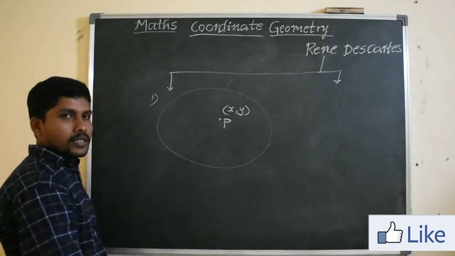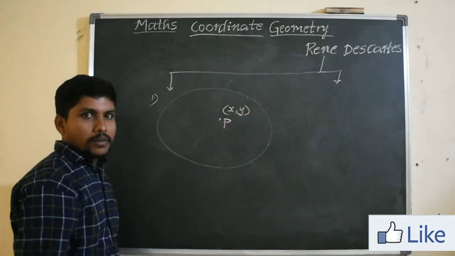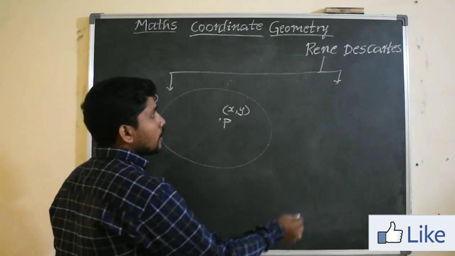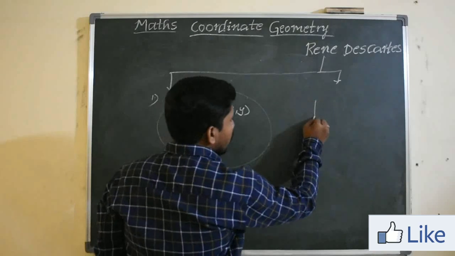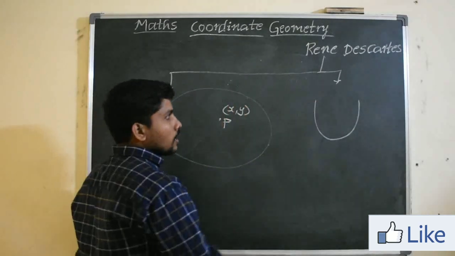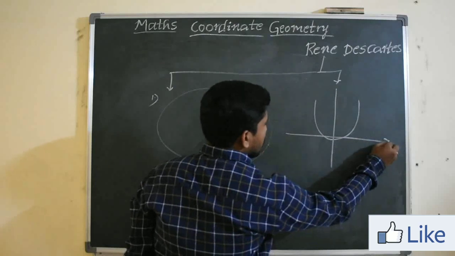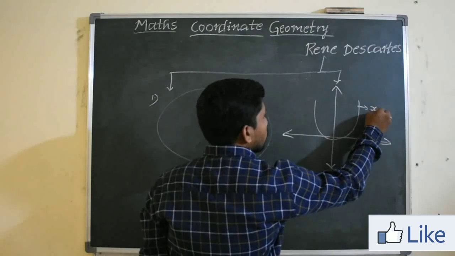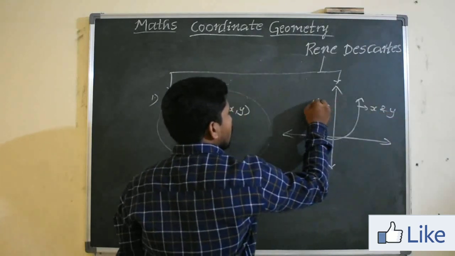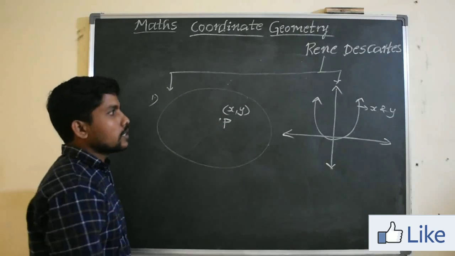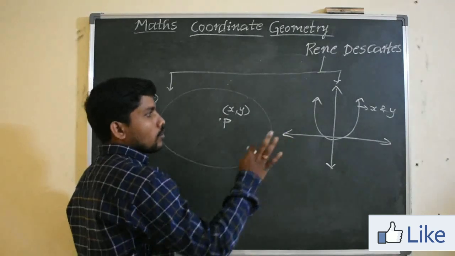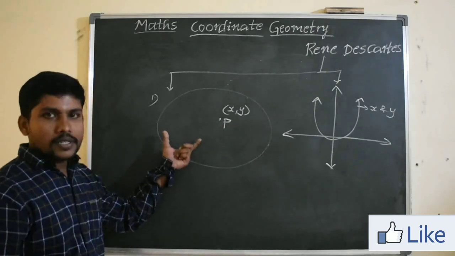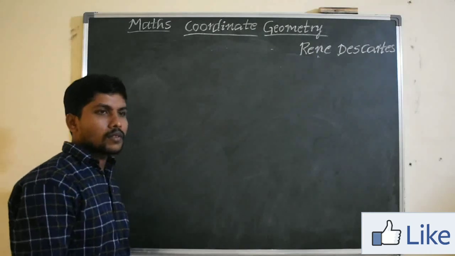And the second thing: any curve in a 2-dimensional coordinate system can be expressed in terms of x and y. So he discovered these things, and we will first discuss the first one.